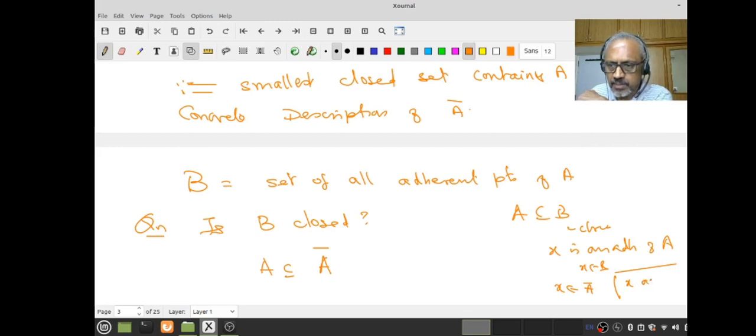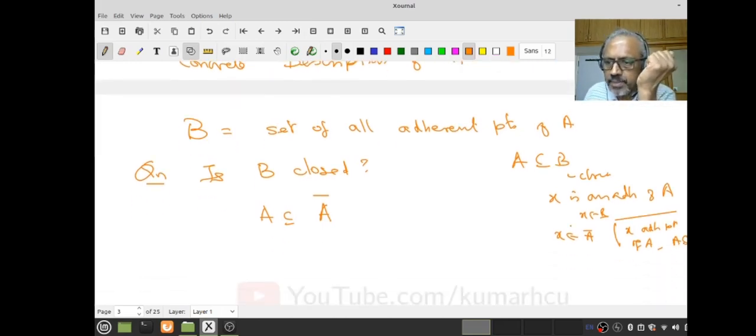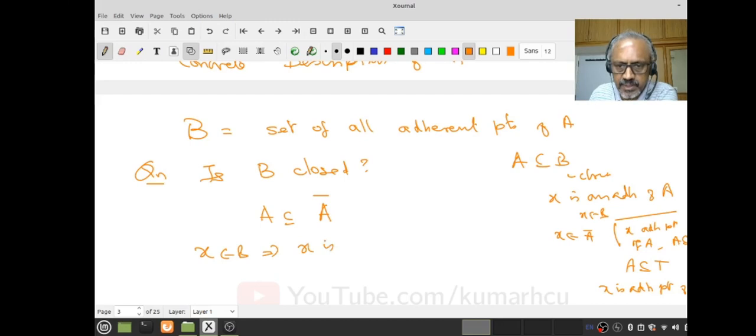If x is an adherent point of a set A, and if A is a subset of T, then x is an adherent point of T. Therefore any adherent point x in B is an adherent point of the closure of A also.